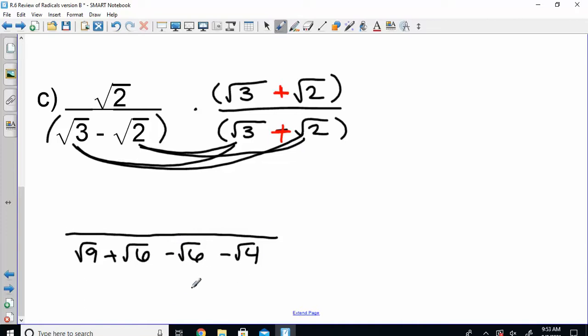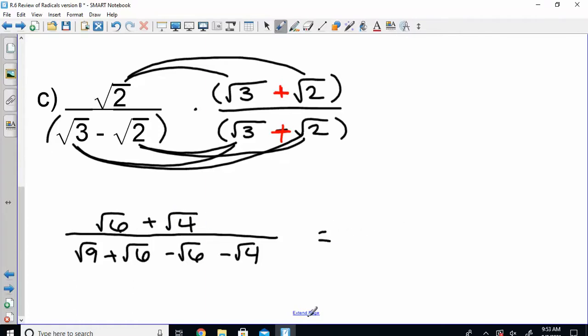So I just wanted to talk about why we're doing what we're doing. On the bottom we had to FOIL. On the top I'm just distributing my square root of 2, so we get the square root of 6 plus the square root of 4. We need to reduce everything we can.